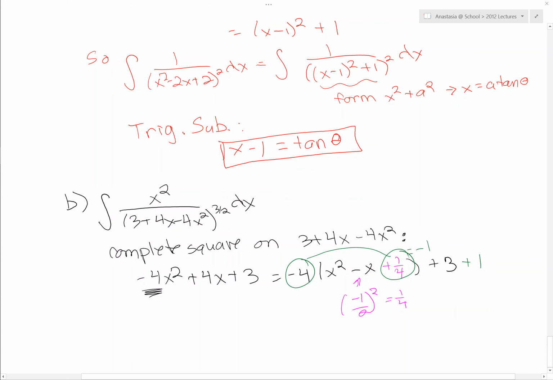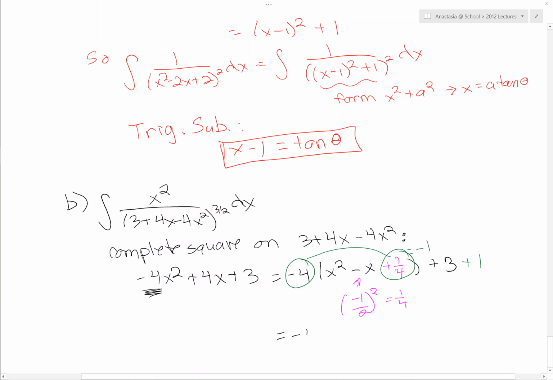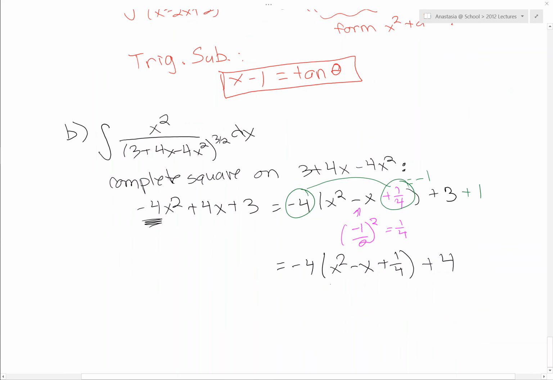Okay, so then we have negative 4 times x squared minus x plus 1/4. Then we'll have plus 4 out here. This factors to x minus 1/2 squared. Notice I've gone back to the negative 1/2 value there, okay?